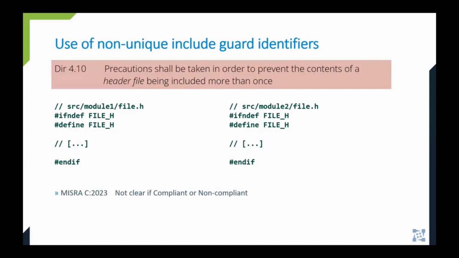The rule definition used in MISRA C 2023 made it not clear whether such situation is compliant or not, while the new version of the guideline makes it perfectly clear that the identifier used as the include guard macro needs to be unique across the project.